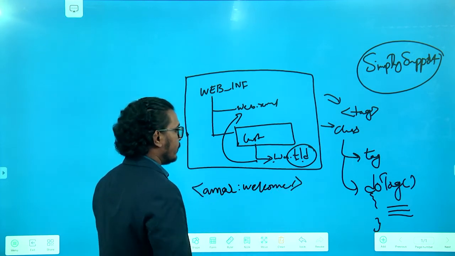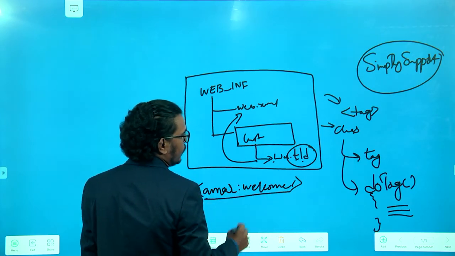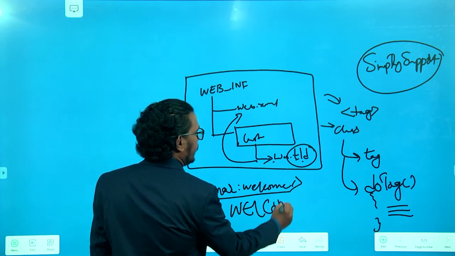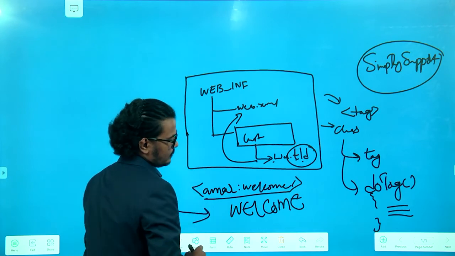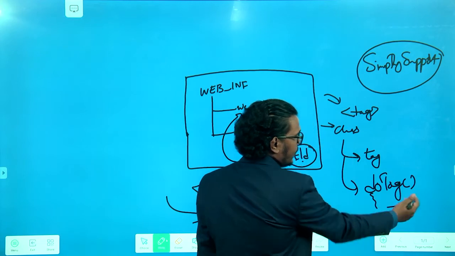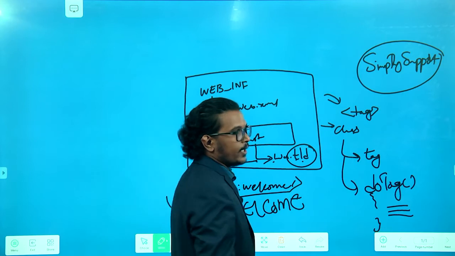Whenever you call this particular tag, it will print some information: Welcome, in large font size. That information you have to define in your doTag method. You have to override that particular doTag method.